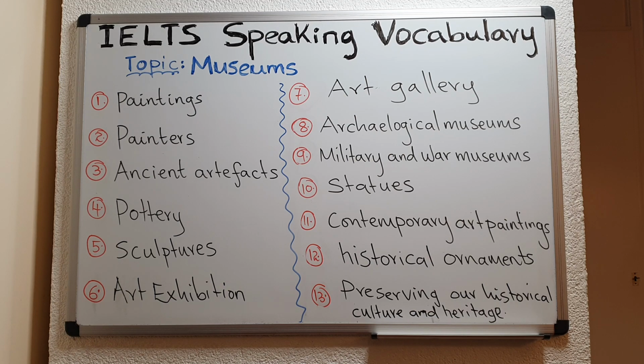Now, the next word is sculptures. A sculpture is basically a form of art. Most of the time the sculptures are in the form of a carved stone or wood.